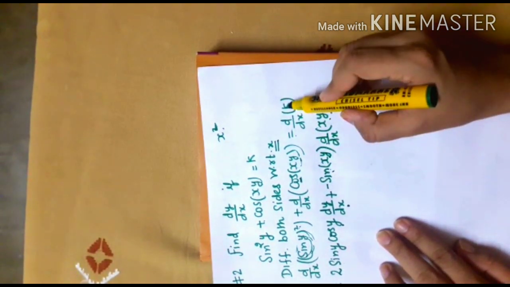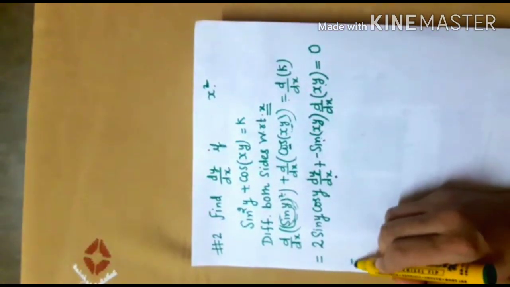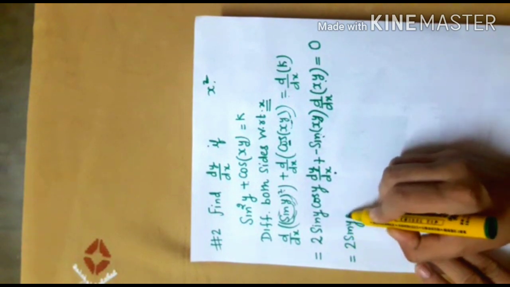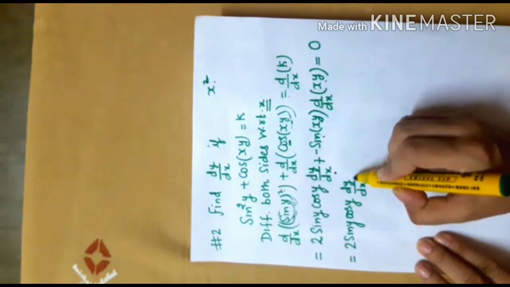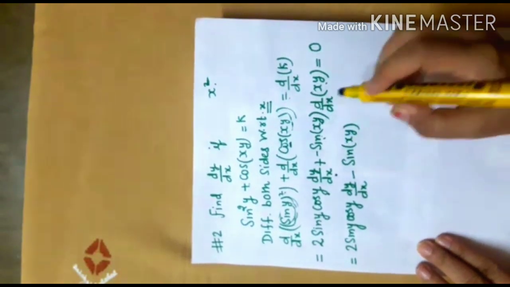And as k is a constant, its derivative will be 0. So this can be written as 2 sin y cos y dy by dx minus sin xy.